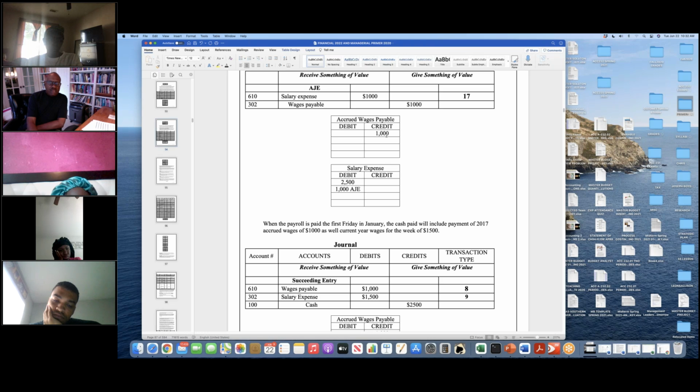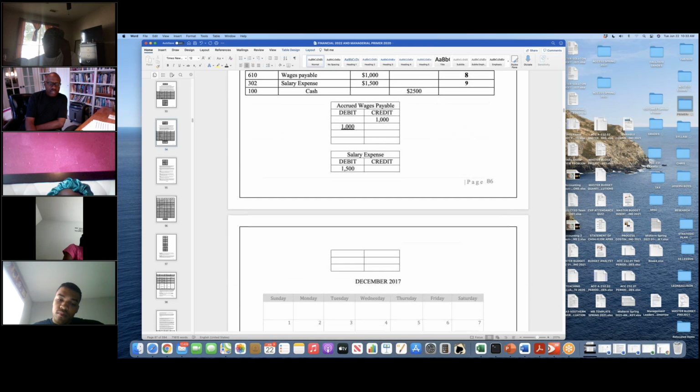So that $1,000 is in there, and we pay them, but the expense already occurred, so we take out the wages payable. So the salary expense is only $1,500 for that year. So we paid $2,500. $1,000 of the expense is recognized in 2017. The other $1,500 is recognized in 2018.